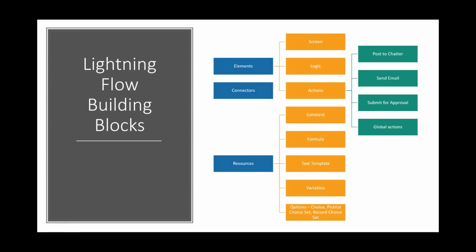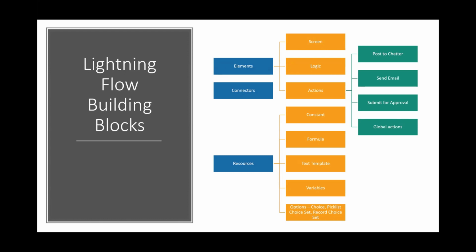So you can post messages to Chatter, you can send out emails, you can submit records for approval. I'm not going to get into detail about approval, because approval is something that we're going to talk about in the next session, approval processes. And of course, there are global actions. Global actions are generic actions that can be configured and made available across different types of records. So these are some of the elements that can be used in building a lightning flow.